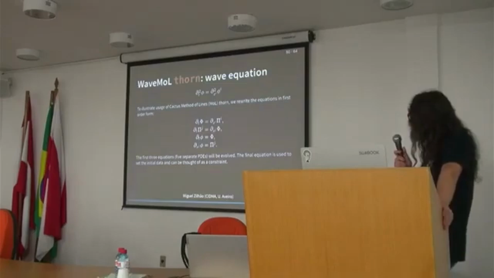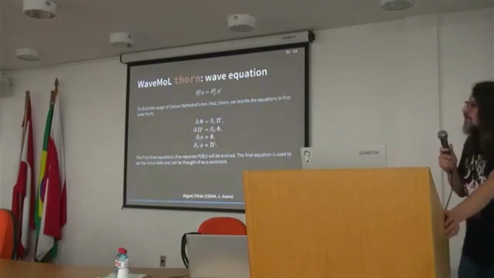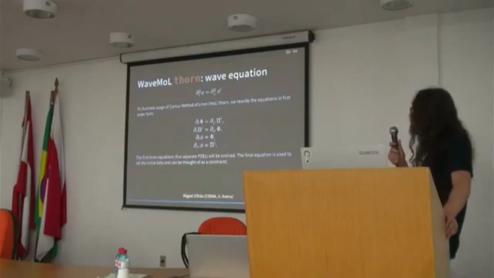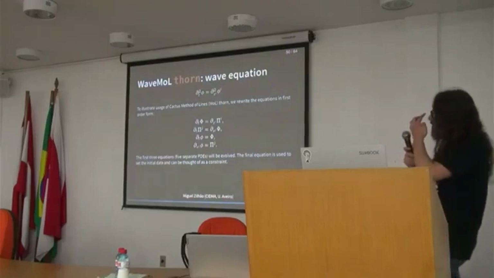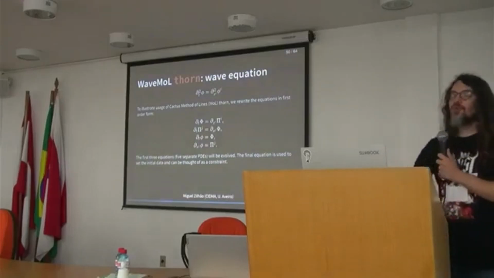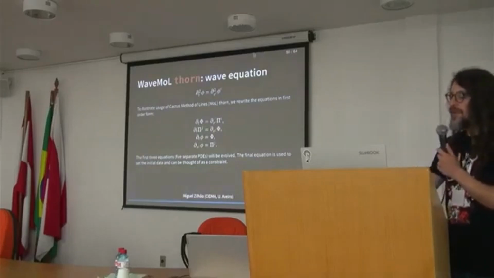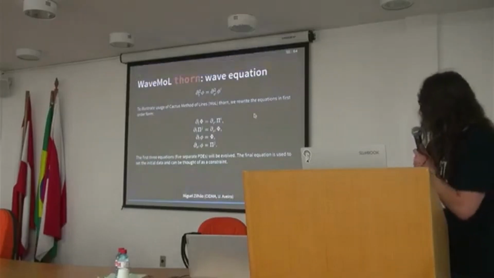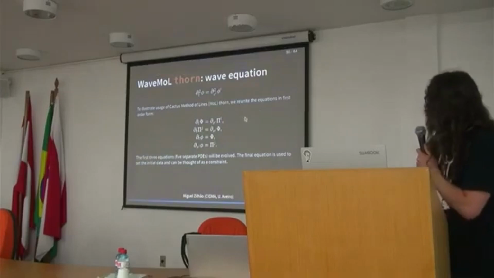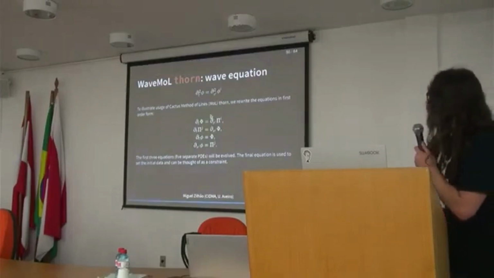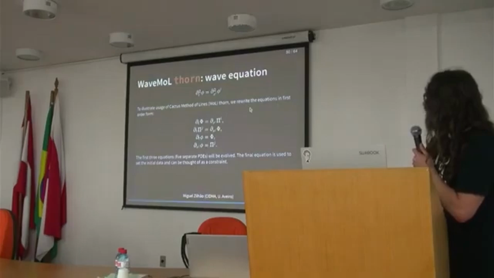Okay. So the first thing is the following. Typically, we want to be using what is known as the method of lines technique to perform the time evolutions. In order to do that, the first thing that we need to do is to rewrite these equations here in first order in time form.